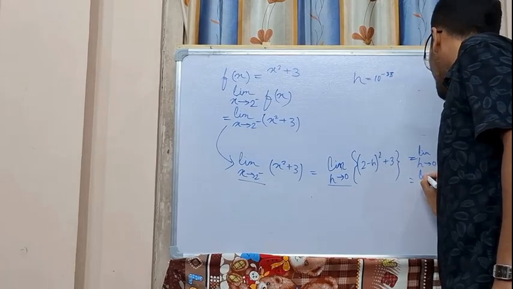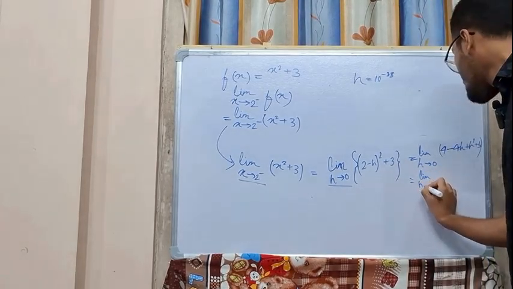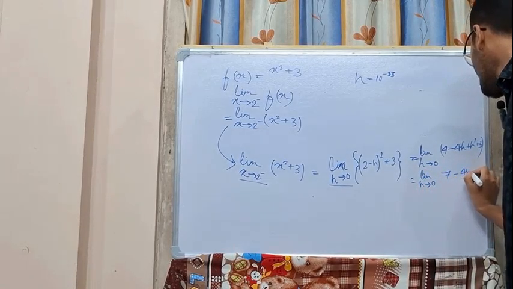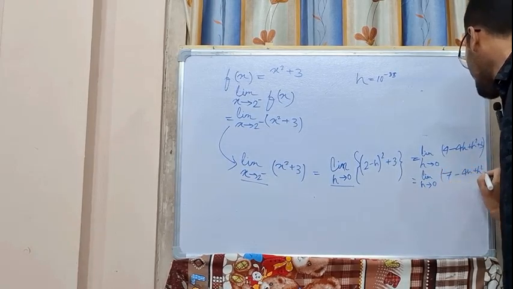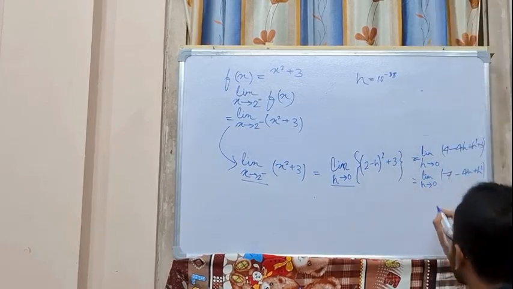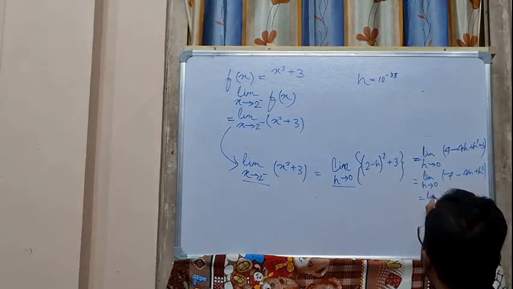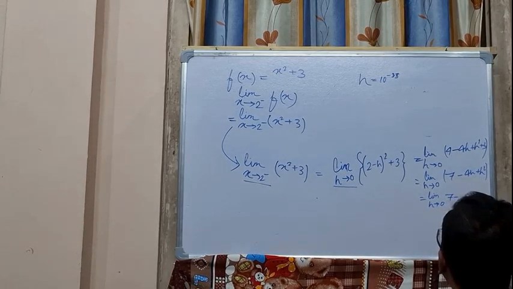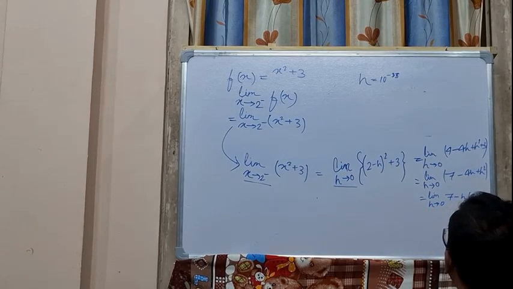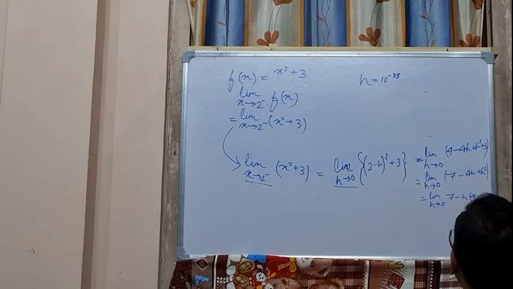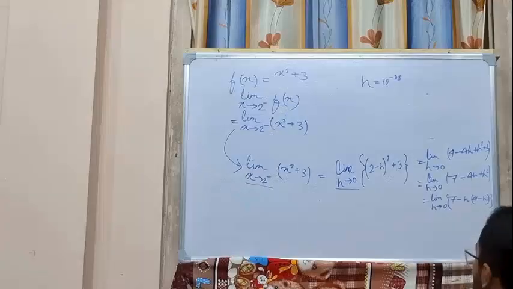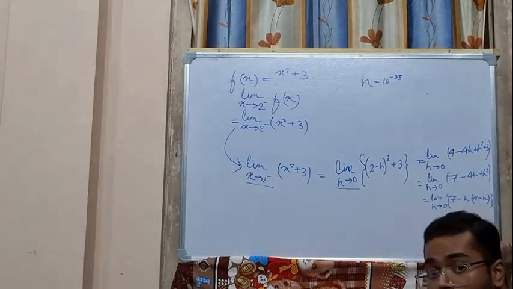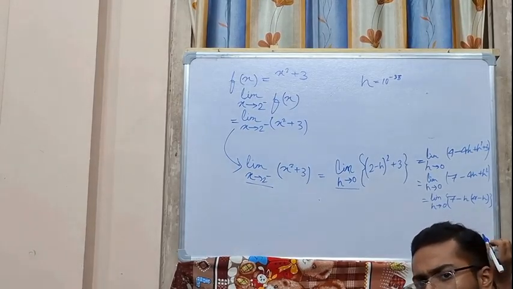This will be limit h tends to 0, 7 minus 4h plus h square, right? This will be limit h tending to 0, 7 minus h(4 minus h), right? Now, if we put the value of h as 0, it is very close to 0.